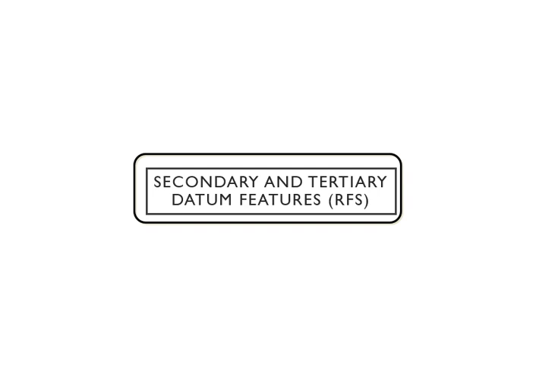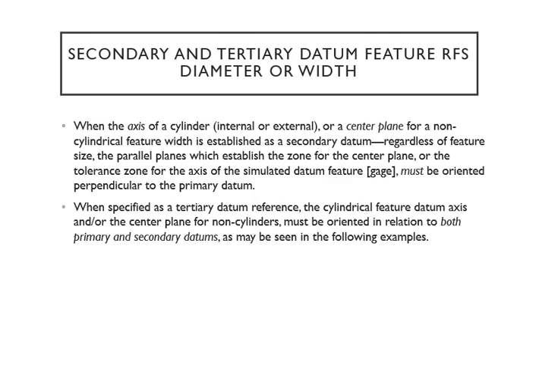Okay, so we're getting into regardless of feature size, which is your secondary and tertiary datum features. So let's go into there. This is a continuation of our cylinder study. We deal with the internal and external, then we deal with the diameter.